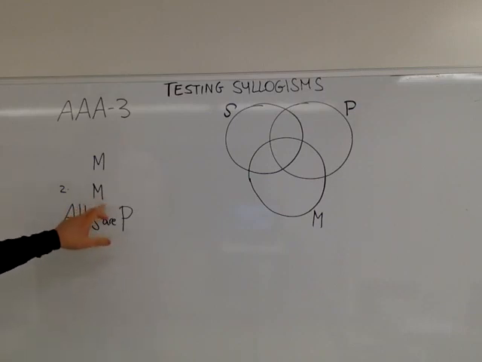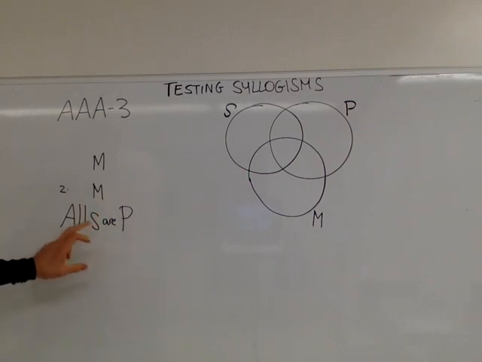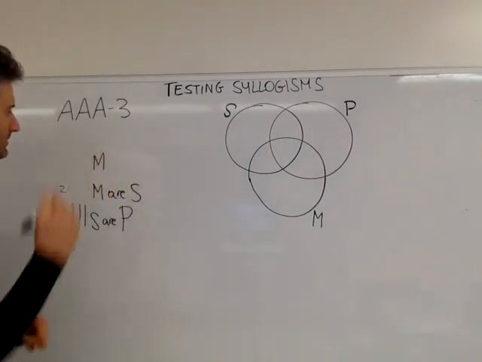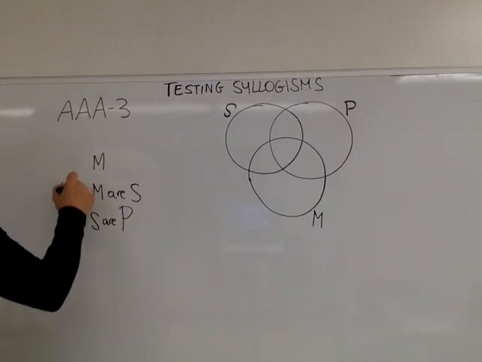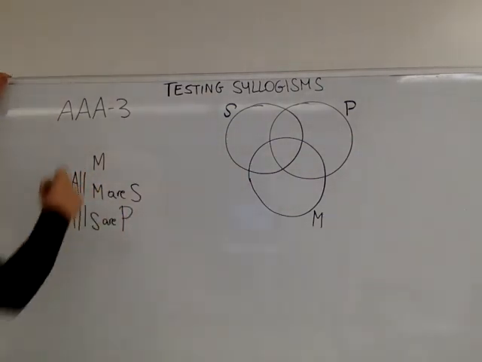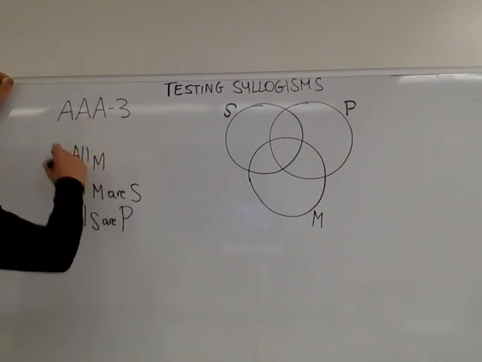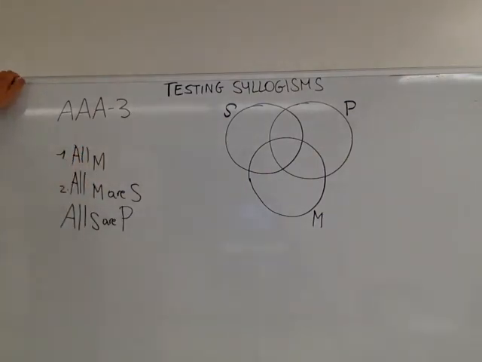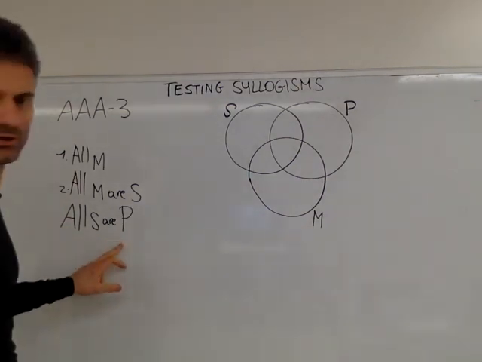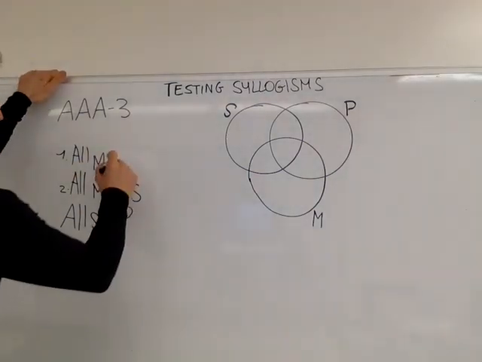Now, in the second premise, what's missing now? What's missing is the minor term, which is S. There. Okay? So all M are S. And for the first premise, you know that you need the P. The P is the major, and the first premise is the major premise.